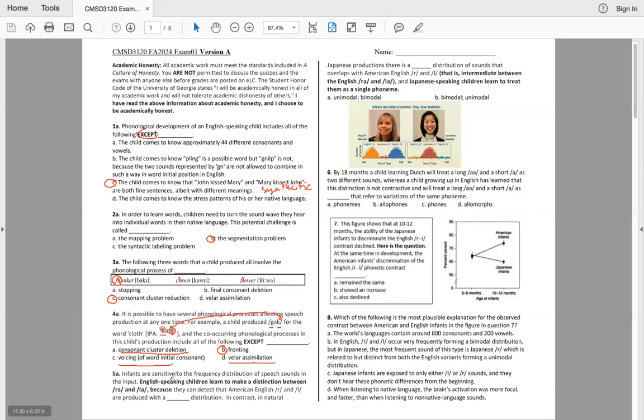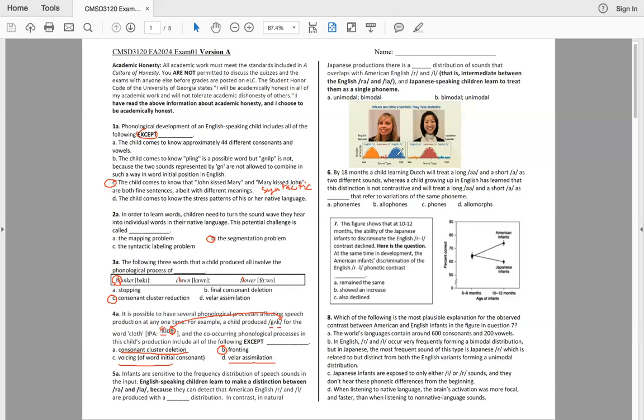Number 5, infants are sensitive to the frequency distribution of speech sounds in the input. English-speaking children learn to make a distinction between R and L sounds because they can detect that American English R and L sounds are produced with a, so we look here, these are the distributions of the English R and the English L sound.